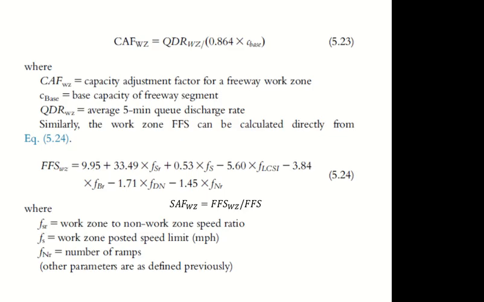Then for SAF, you will use this equation first, which will give you the free flow speed in the work zone. You need the speed ratio factor. Speed ratio means work zone speed over non-work zone speed. We are talking about the speed limit basically. When we have a work zone, sometimes the government may decide to reduce the speed limit of the road because we have some dangerous or risky element on the road.